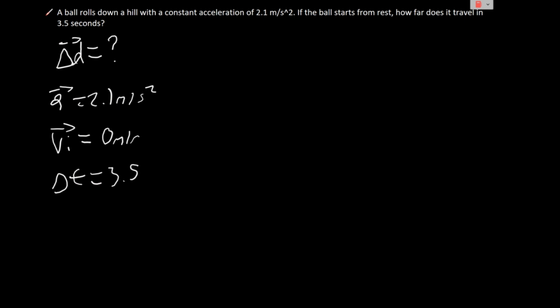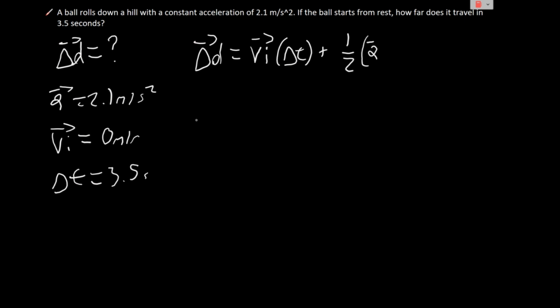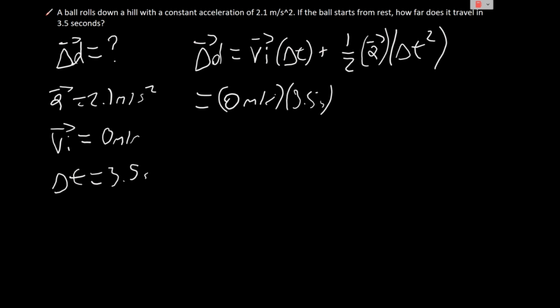In this situation, the best formula to use would be delta D equals initial velocity times delta T plus 1/2 of acceleration times delta T squared. So plugging in these values, we have 0 meters per second times 3.5 seconds.